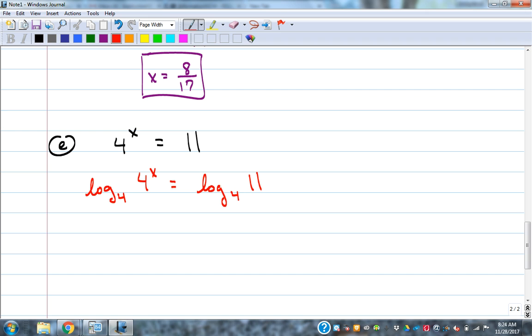On the left side, where the base and the log base are the same, they cancel each other out. All you're left with is x. And x is equal to the log base 4 of 11. That's the exact solution. Let's get the decimal approximation for that.